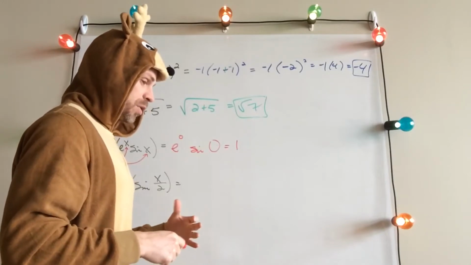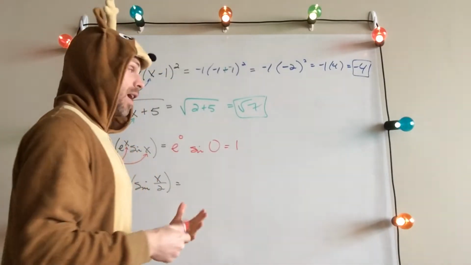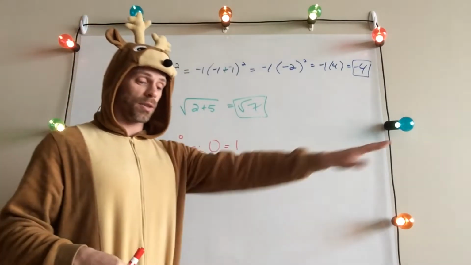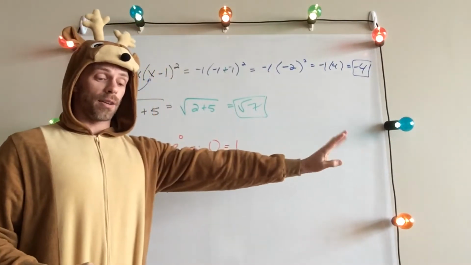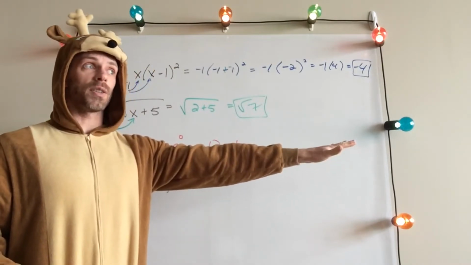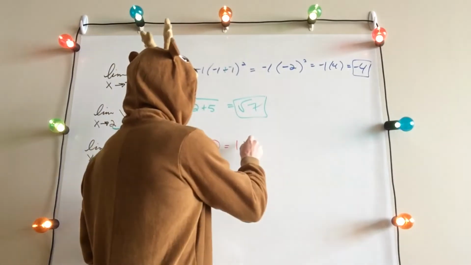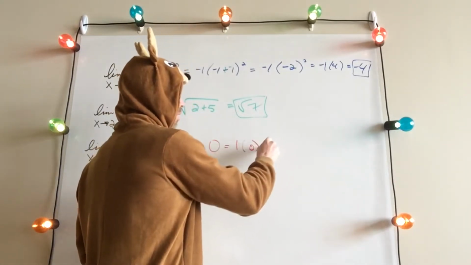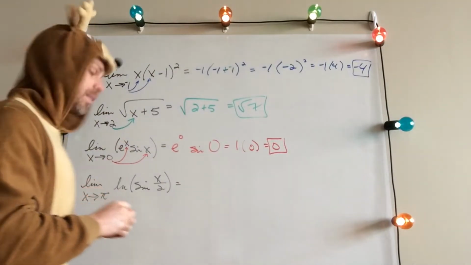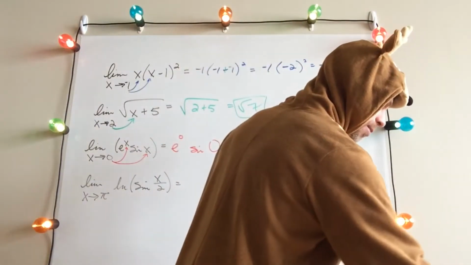Sine refers to the y values on our unit circle, and we are at 0. So if we're thinking of our unit circle, we're over here at 0, and the y coordinate pointing straight out here is also 0. So that's going to be 1 times 0, which is 0. Alright, and then one more.